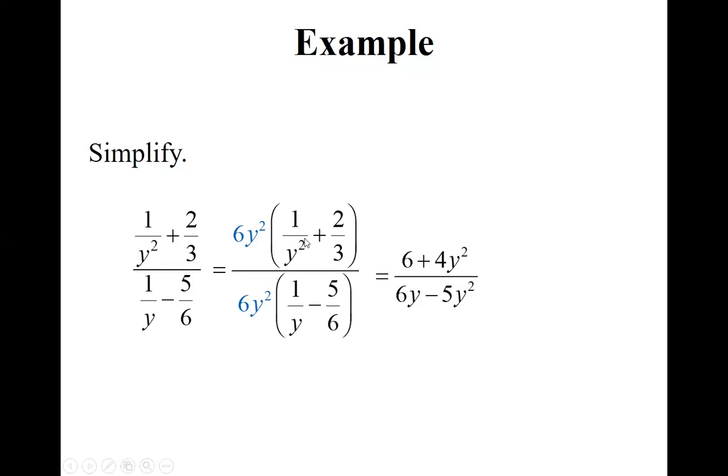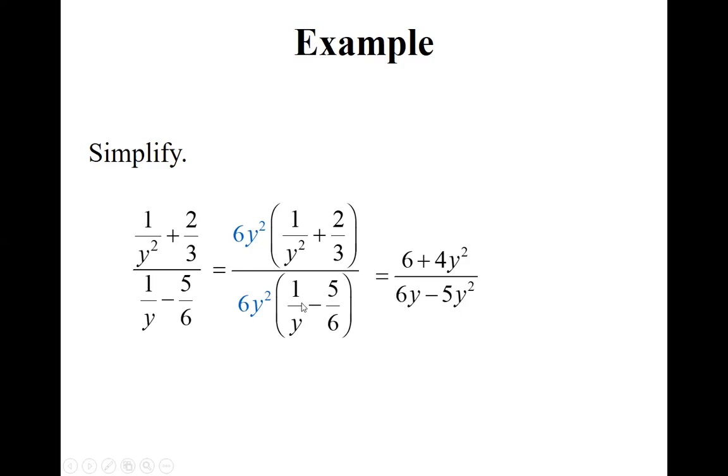6y squared over y squared, the y squareds would cancel, leaving us with just 6 in the top left. 6y squared times 2 over 3 would be 12y squared over 3, would be 4y squared in the top right. See, the fractions are gone from the top now. 6y squared times 1 is 6y squared, divided by y is 6y in the bottom left.